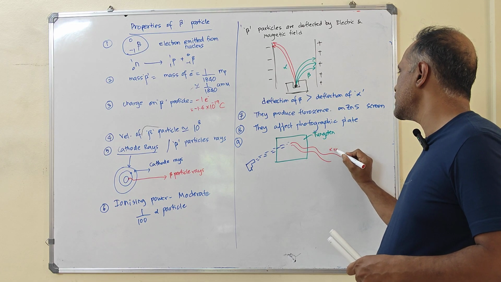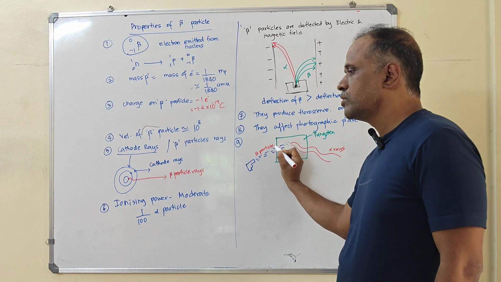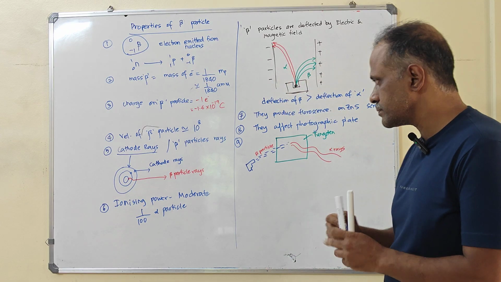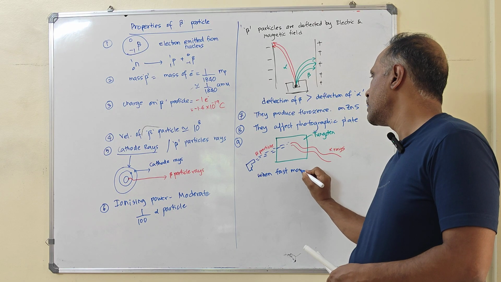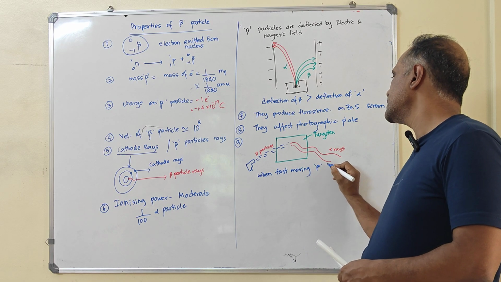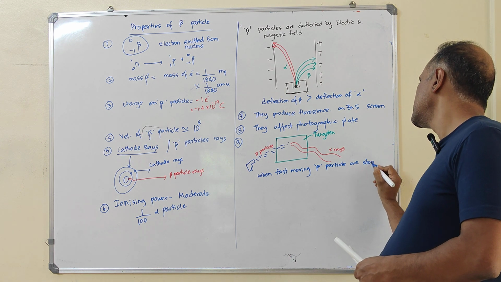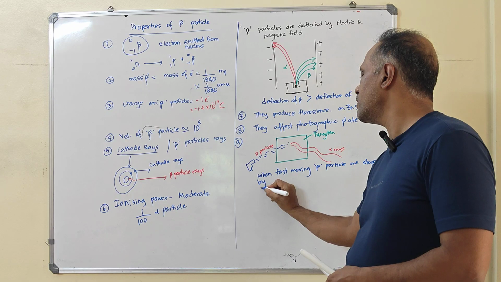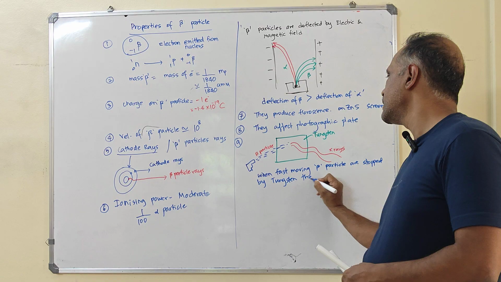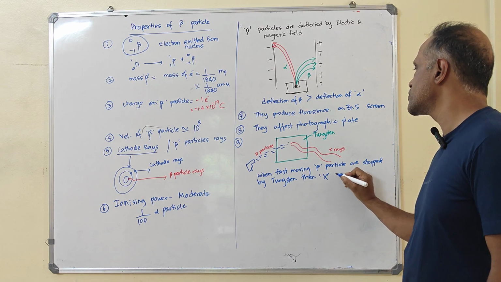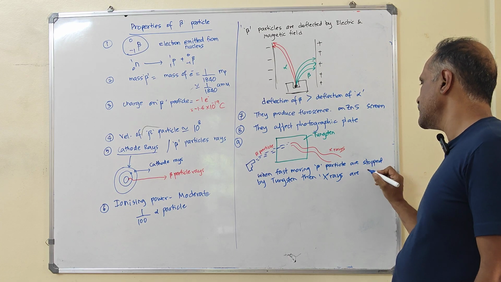So when fast moving beta particles are stopped by a heavy metal such as tungsten, then electromagnetic waves, X-rays, are emitted.